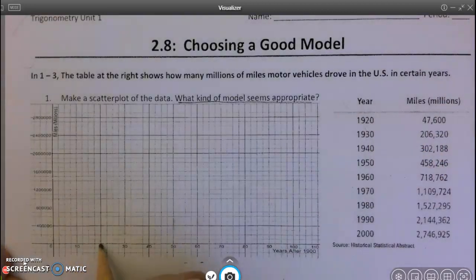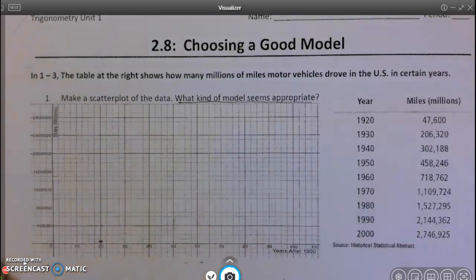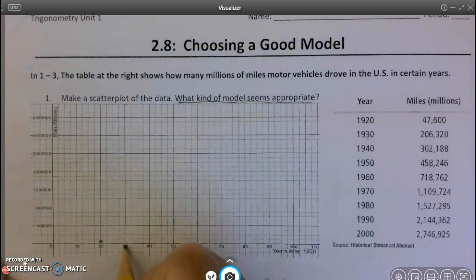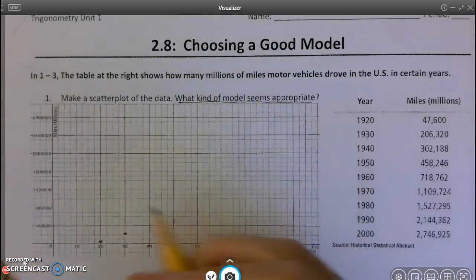1920 would be 20 on the x-axis, 47,600. If one line up is 100,000, about halfway would be close to 50, which 47,600 is pretty close to. 1930, I'm going to go over to 30, and up to 206. So 100, 200, just a little above the 200 would be my 206.